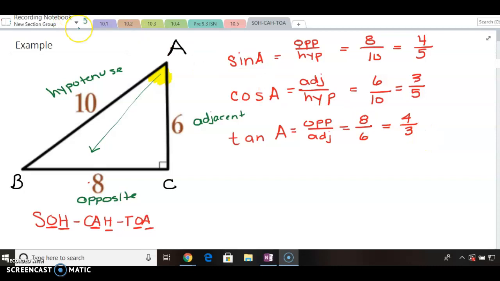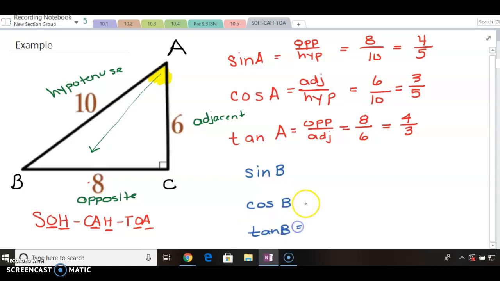All right, now let's change my reference angle. Now let's do the sine of angle B, cosine of angle B, and tangent of angle B. Okay, so I'm going to erase all this. So my reference angle isn't A anymore.